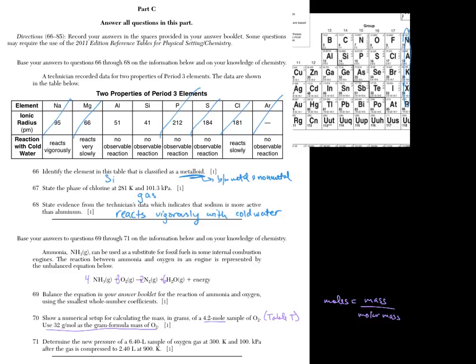So let's plug in what we have: 4.2 equals our mass over the molar mass of 32. And that is our setup. That's an acceptable setup, because what you need to do is just multiply and you get the mass. All right, number 71, I'm going to do this over here.